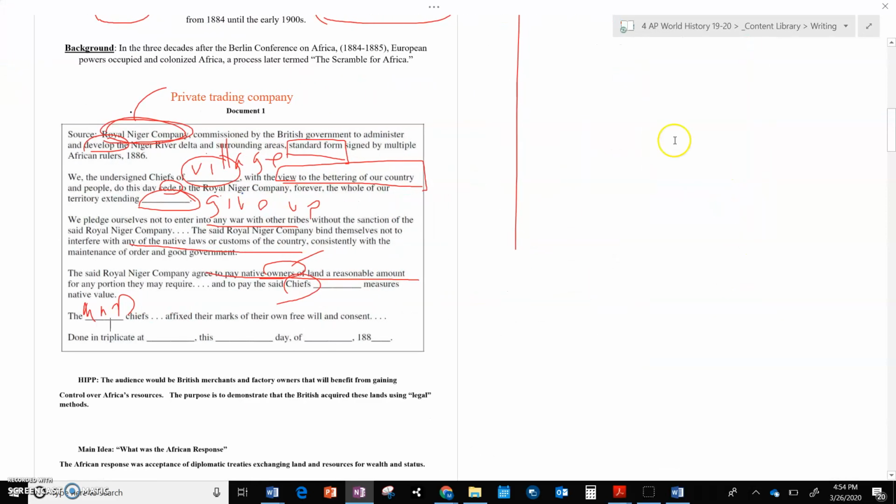So really what you have to do, you have to go through each document, annotate it, and understand the document.